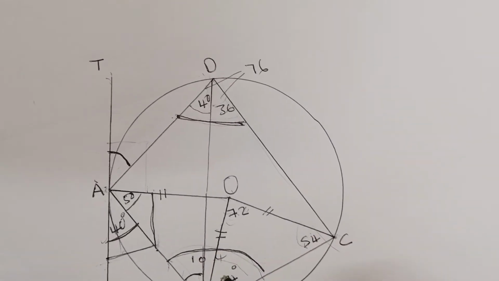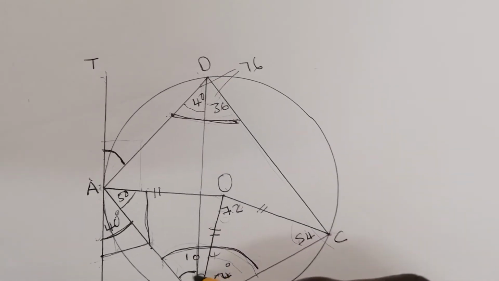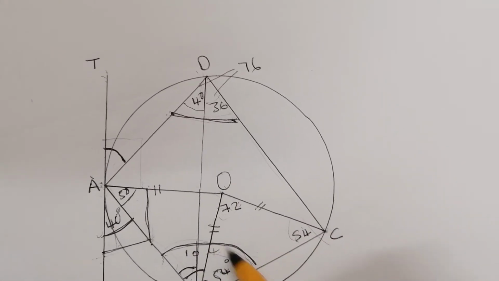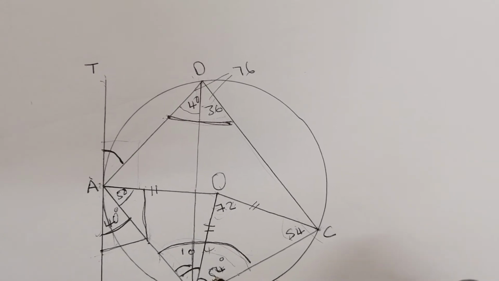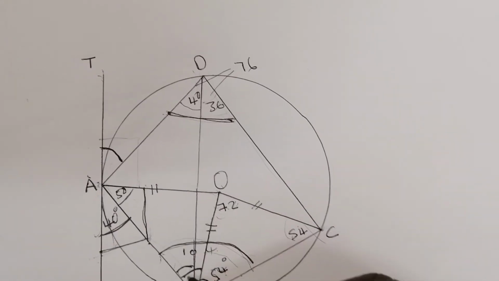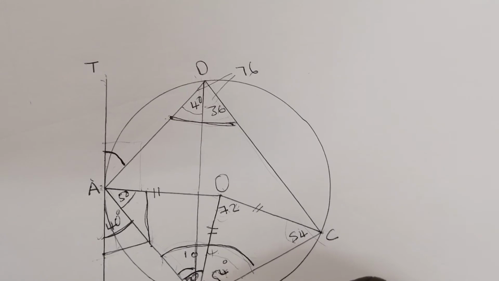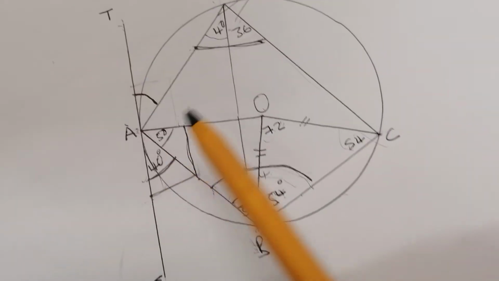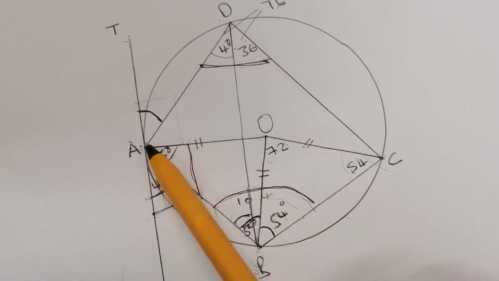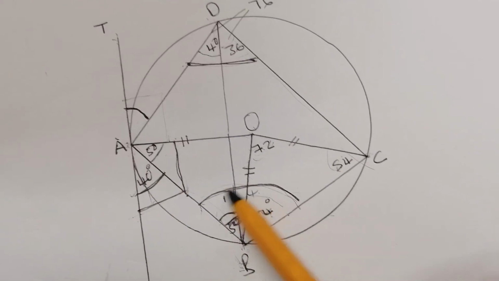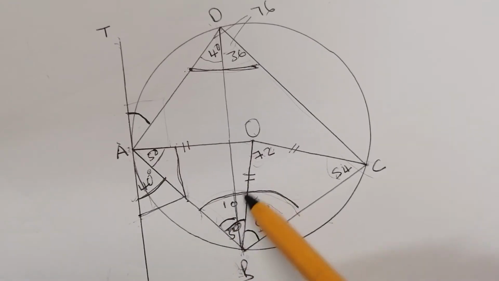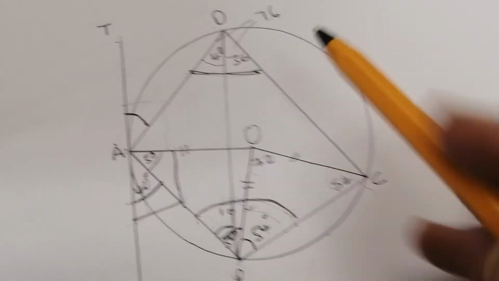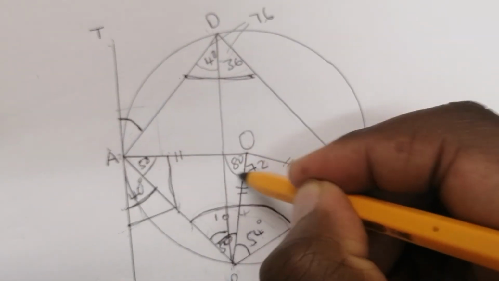Then 104 minus 54 gives 50, because already you see this is a triangle, so this and this are equal. So here we have 50 and 50. So here we get 80.